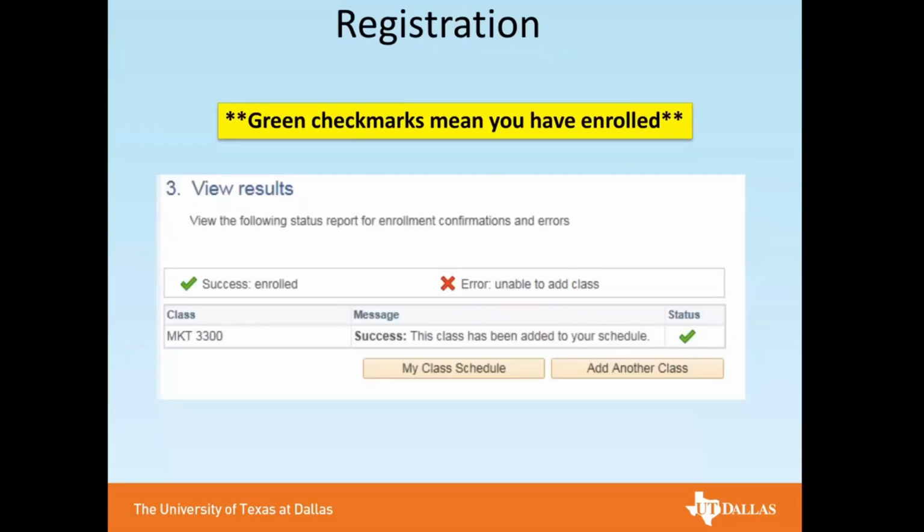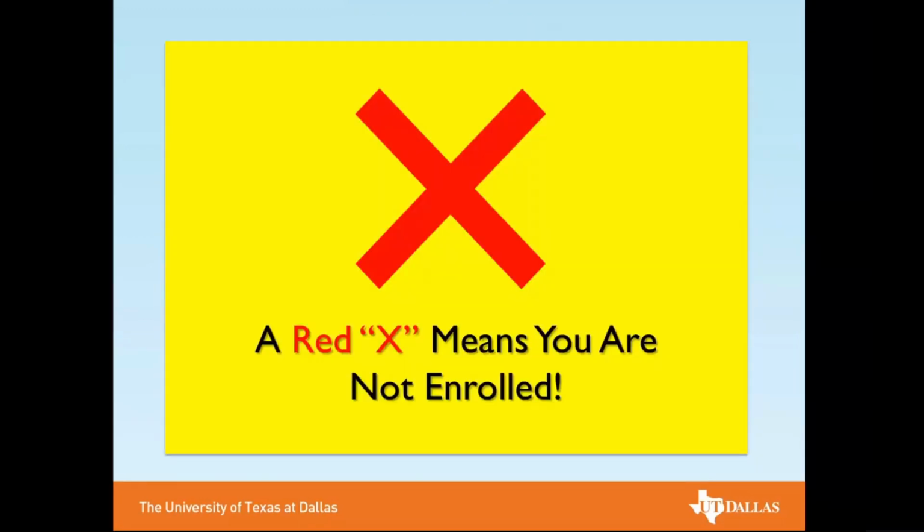Green checks under the status column means that you are officially registered. A red X, however, means you did not get enrolled, and it normally will state a reason why you were not able to register for that class.